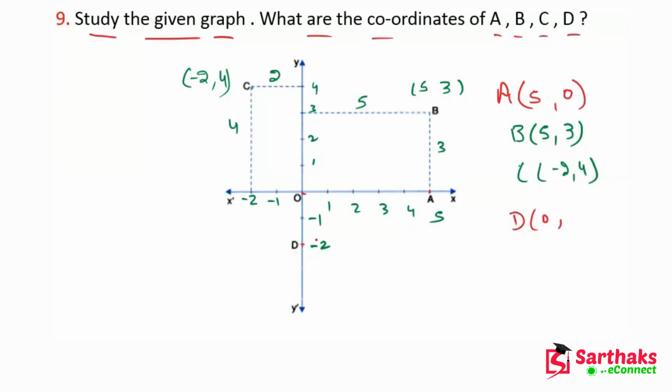The distance from point O to D is 2 units, but D lies on the negative y-axis, so minus 2 comes. So the coordinates of A are 5 comma 0, B is 5 comma 3, C is minus 2 comma 4 and D is 0 comma minus 2. I hope you understand these things. So now let's move on.